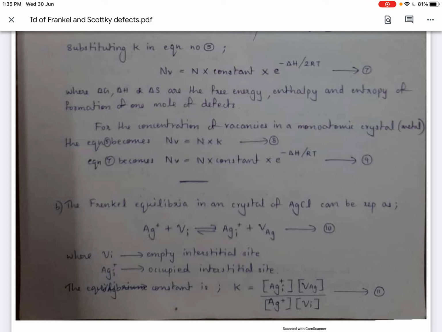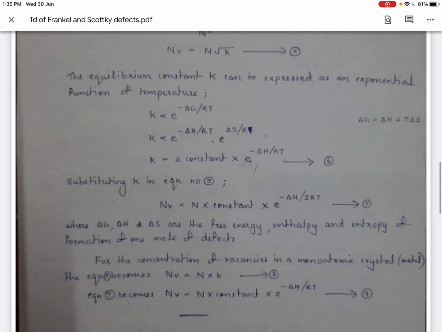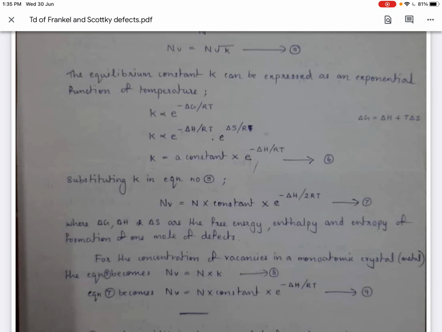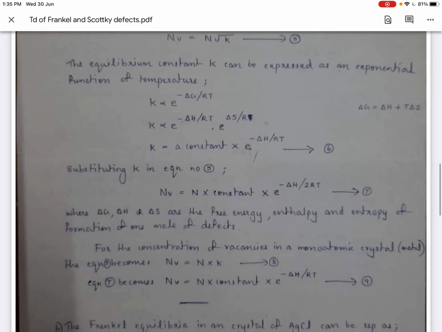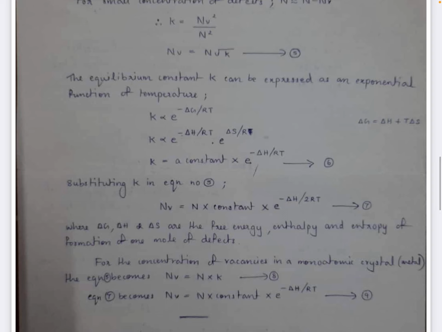For the concentration of vacancies in a monoatomic crystal or metal, equation 5 becomes Nv equal to N into K, and equation 7 becomes Nv equal to N into constant into e raised to minus delta H by RT. That is the thermodynamics of a Schottky defect.